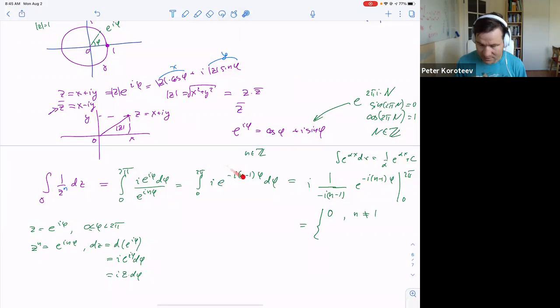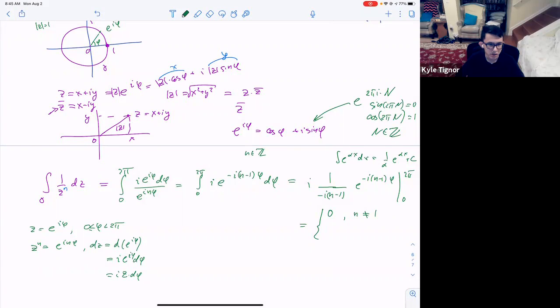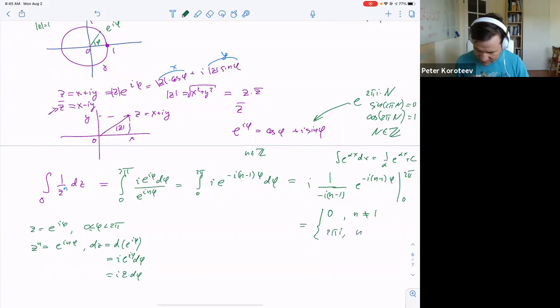Which means the exponential is gone, it's equal to 1. So what's the answer then? Then that answer would be 2 pi i. Yep, that's right. 2 pi i when n is equal to 1.